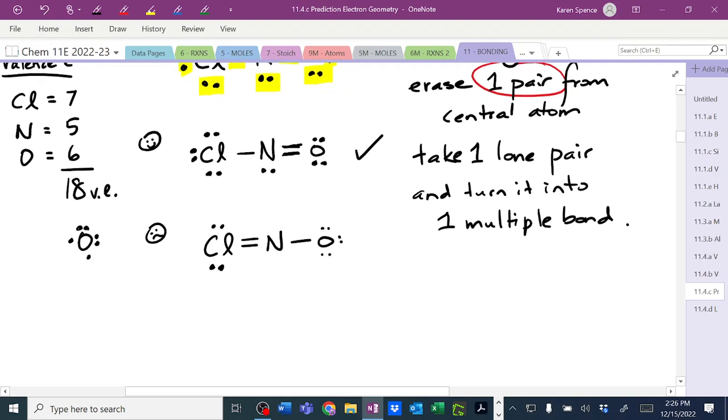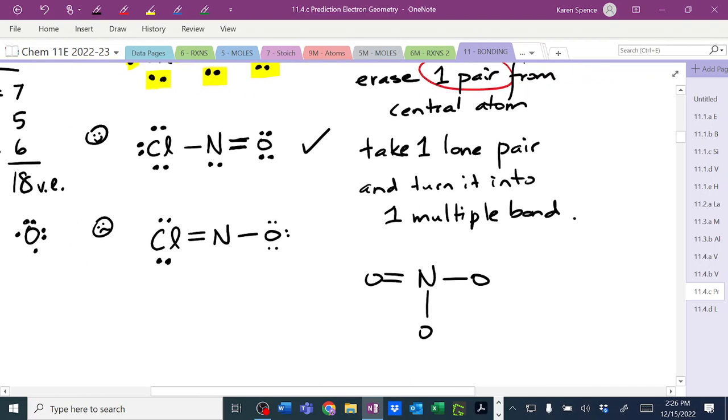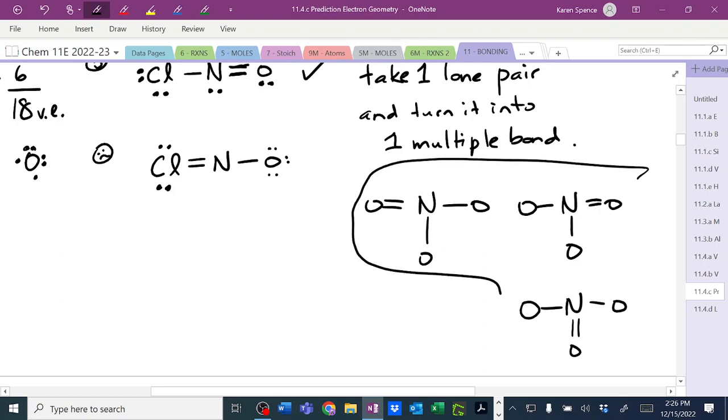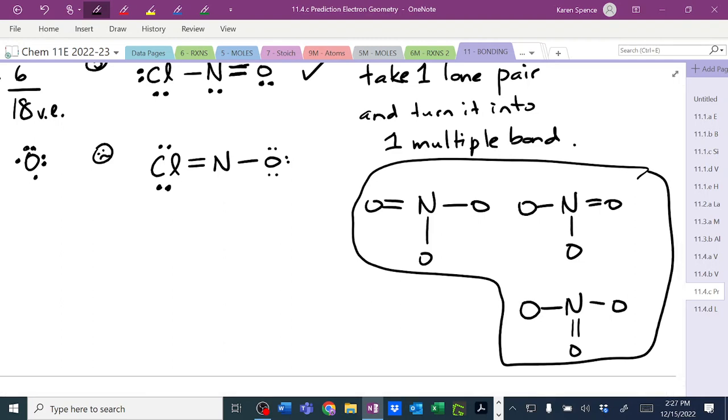If you had, say, nitrate, on the other hand, the nitrate ion, you would have equivalent resonance structures because it doesn't matter which O, right? They're all equivalent. So these are all equivalent resonance structures. So the formal charge on all of the oxygens will be identical, because the double bond's on oxygen every single time.